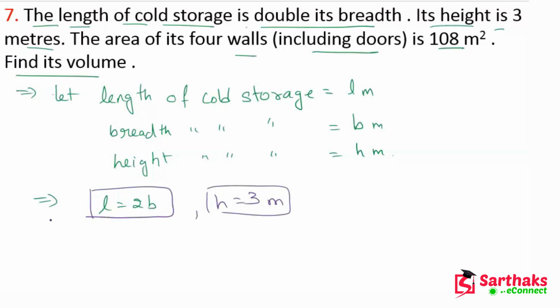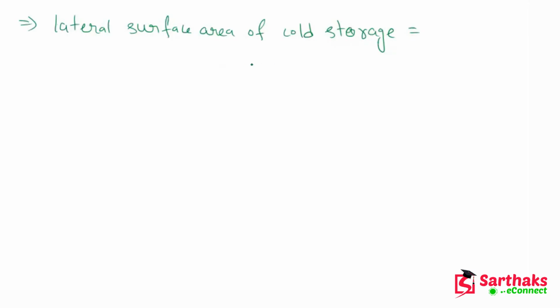Okay, so area of 4 walls is what? Yes. So we can write here the lateral surface area of the cold storage, which is in cuboid form, is equal to area of 4 walls, which is equal to 108 meter square.